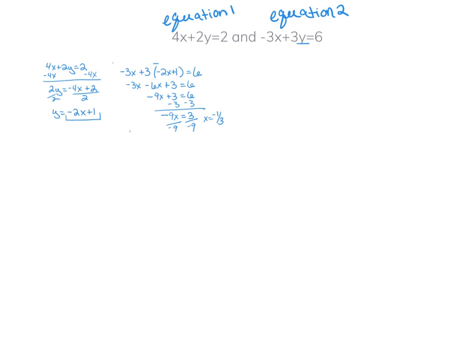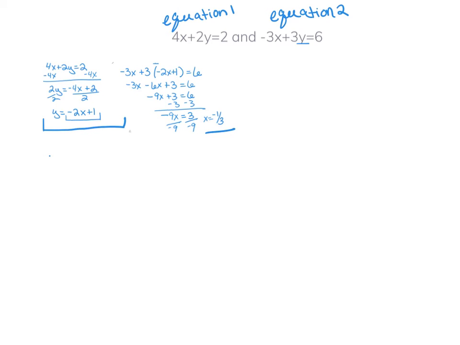Okay, so now we're going to put our negative 1/3 back into an equation. Here we already simplified equation 1, which will make it really easy for us to plug our value back in there.